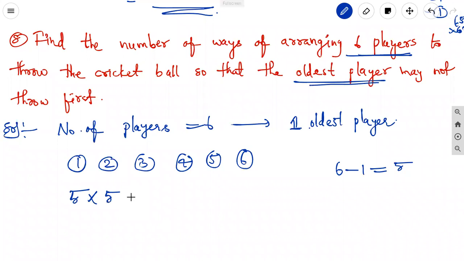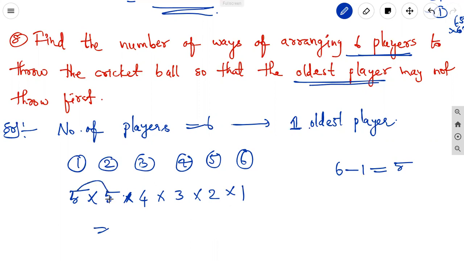So from the 5, one is arranged in the second place. The remaining are 4 players in the third place, third ball. So in the 4th place, 3 players are there. In the 5th place, 2 players are there. In the 6th place, 1 player is there.